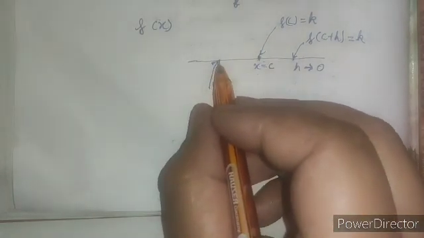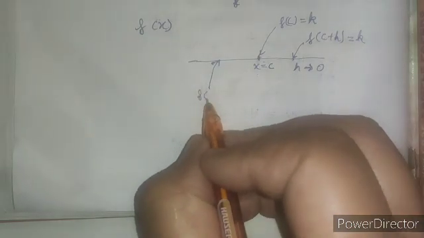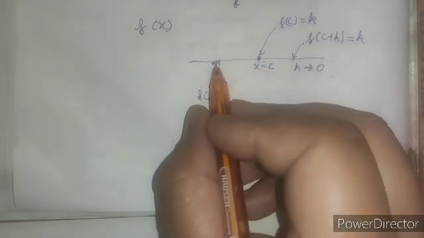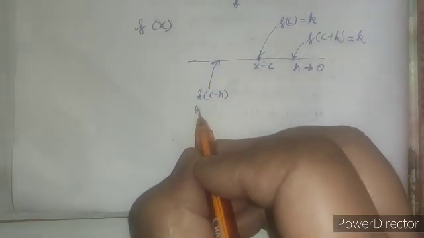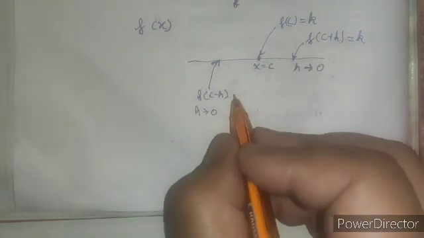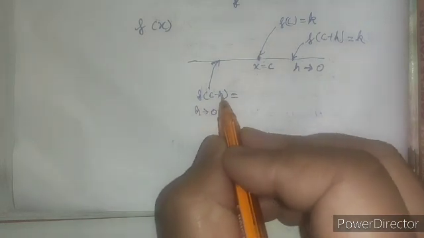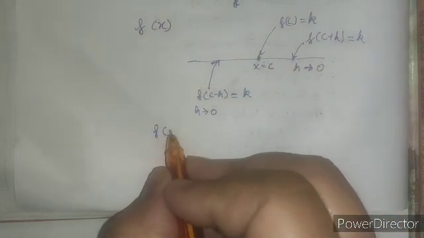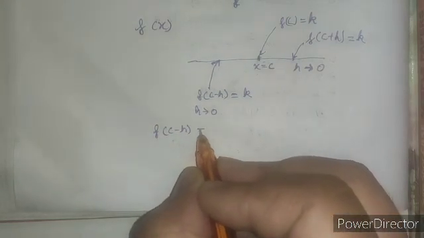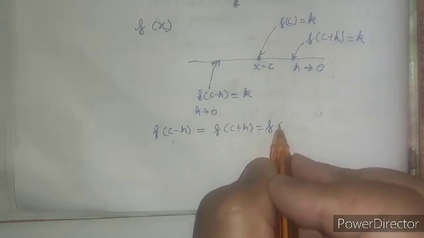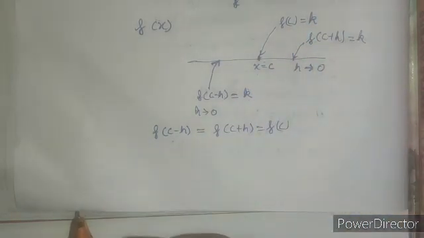After that we will check the value of the function at the point c minus h, that is on the left hand side of c, where here also h tends to 0, or you can say h is very small, and the value of f(c minus h) is also equal to k. Then we can say that f(c minus h) is equal to f(c plus h), and that is equal to f(c). All the values are equal to k.